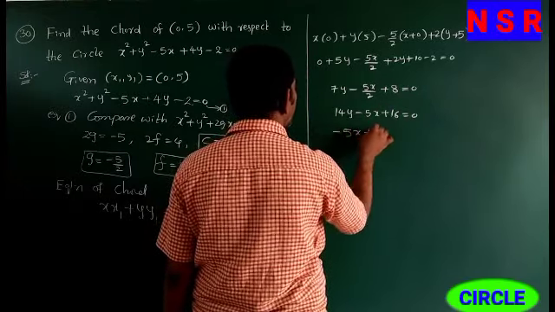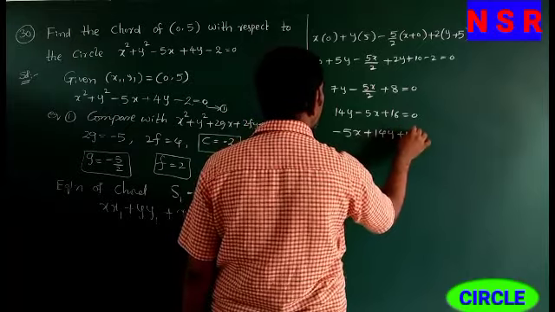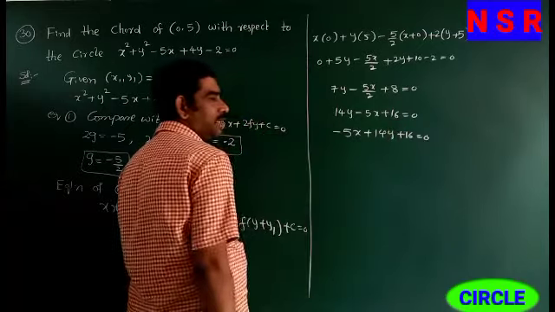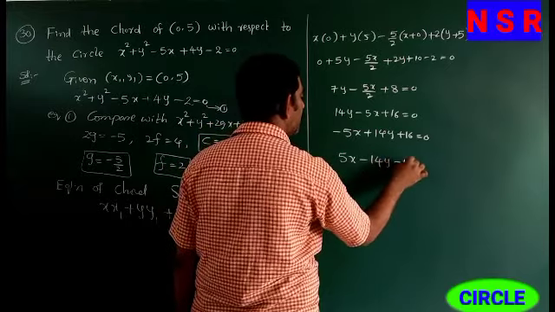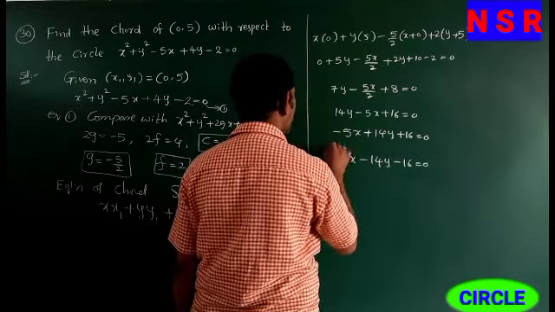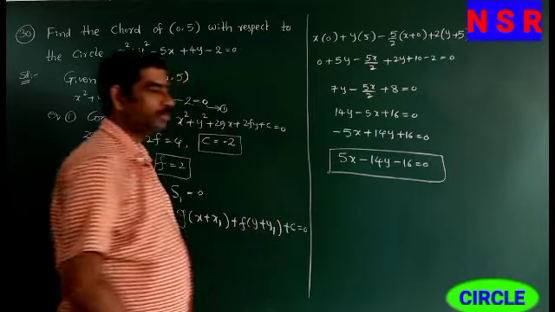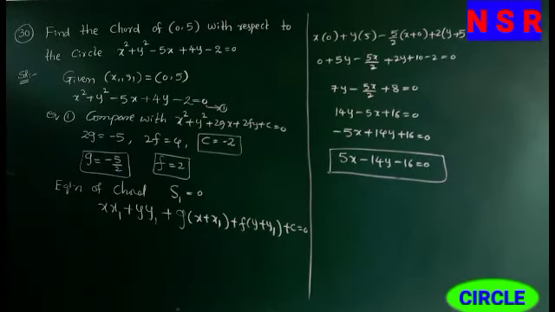So minus 5x plus 14y plus 16 equal to 0. Take minus common here, we get 5x minus 14y minus 16 equal to 0. So this is our equation of chord. So what is the equation of chord? S1 equal to 0.